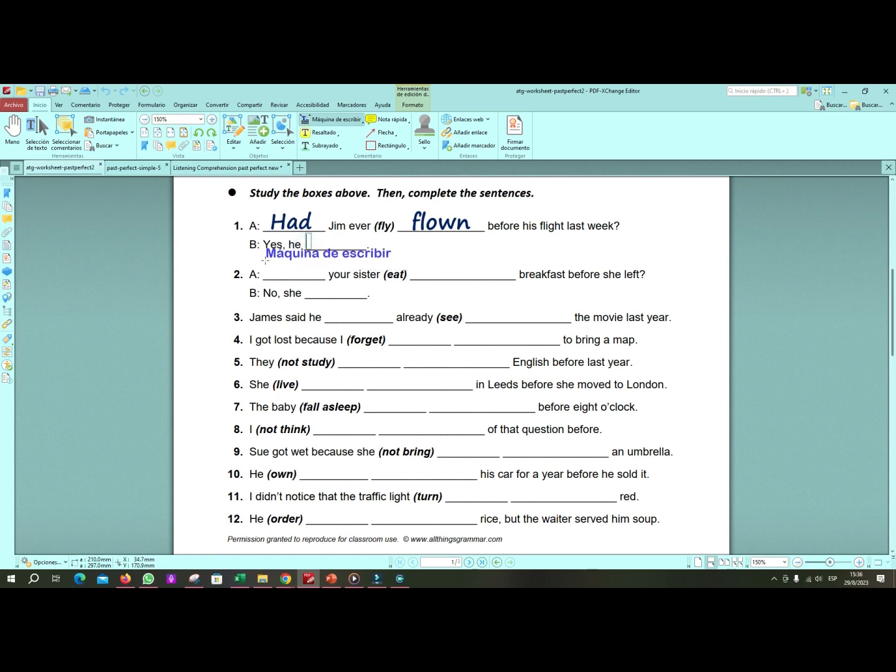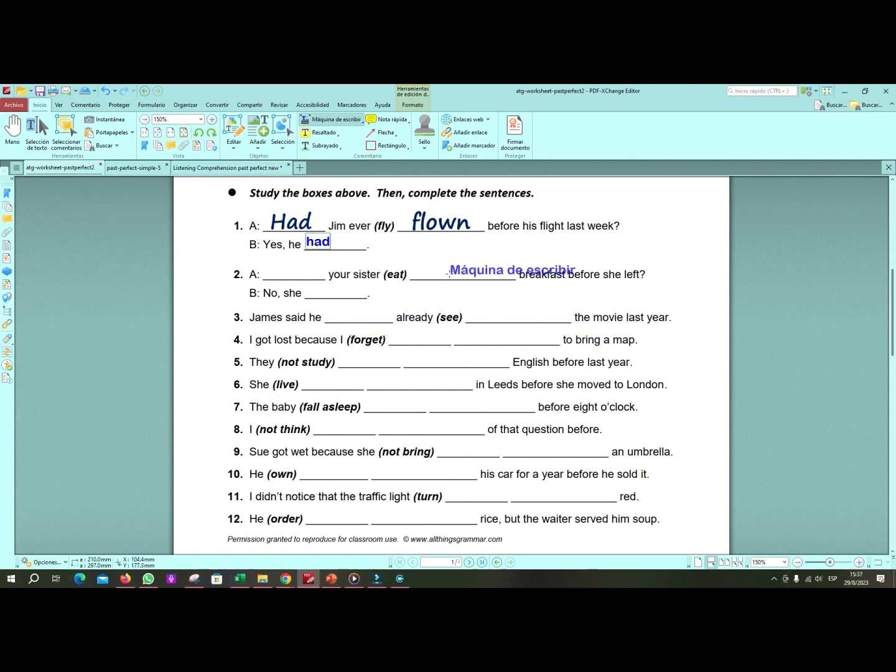So, this is an affirmative answer. So, you should say, yes, he had. And that would be the answer there. So, had Jim flown before his flight last week? Yes, he had, right?